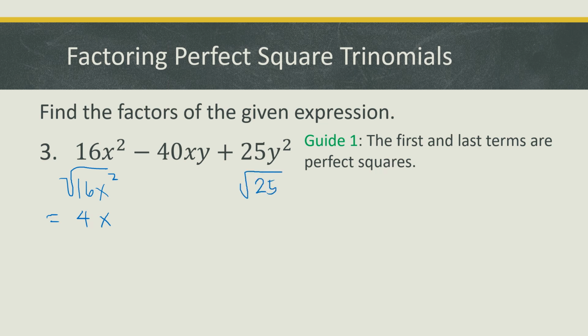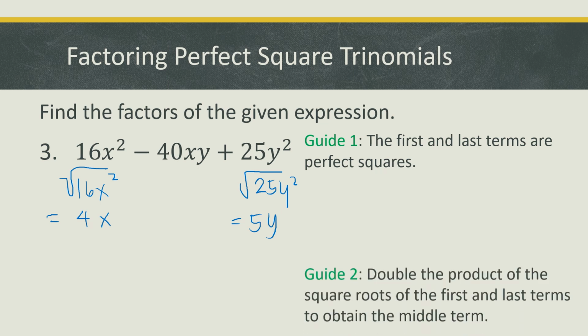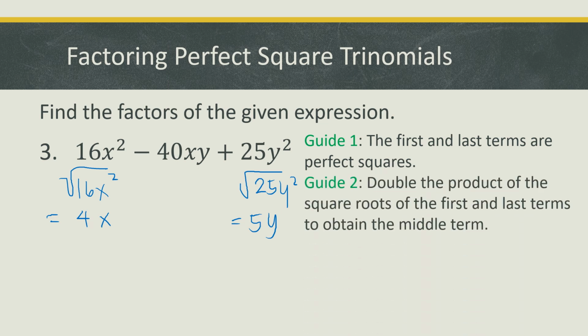And the square root of 25y squared is 5y. For guide 2, double the product of the square roots of the first and the last terms. 4x times 5y, and then double it. We have 4 times 5 times 2, that is 40, and x times y, xy. And we obtain our middle term.